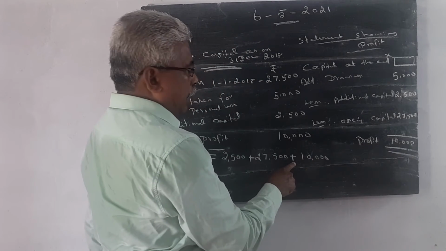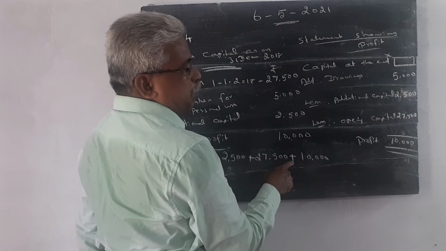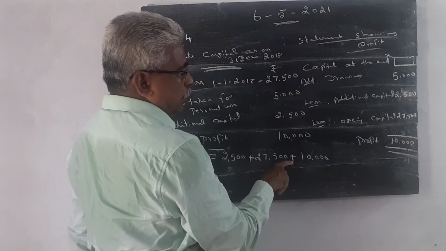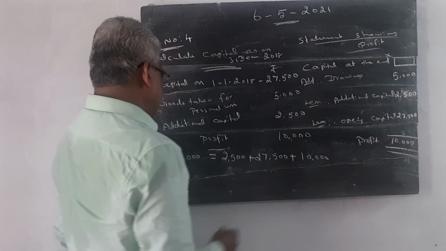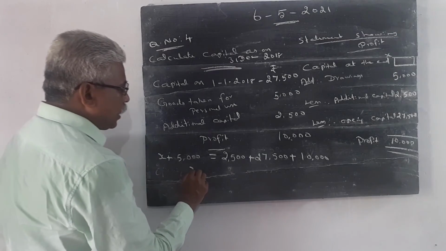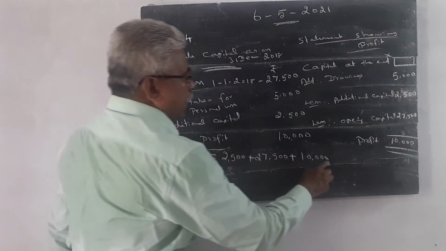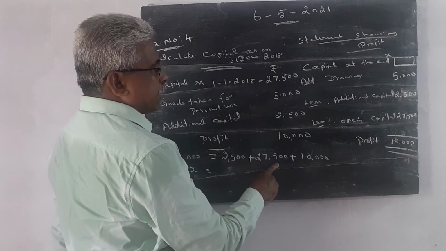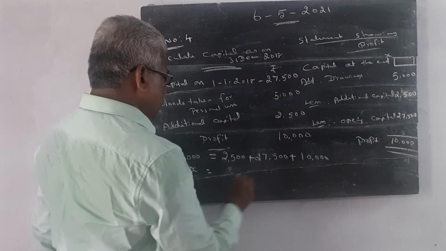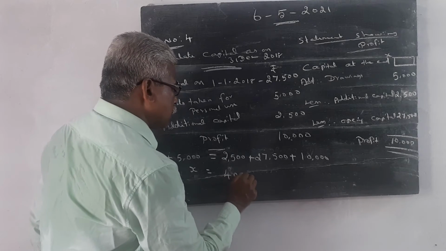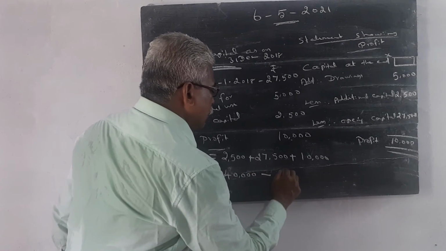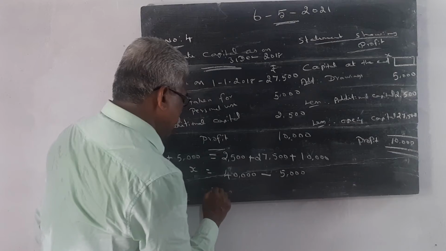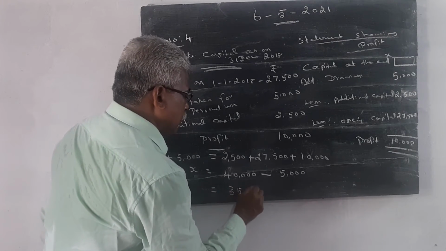Here we use the symbol plus; if it is a loss, here we write minus. Then we calculate the X value. We have to add these 3 items: 27,500 plus 2,500 is equal to 30,000. 30,000 plus 10,000 is equal to 40,000, minus 5,000 is equal to 35,000.